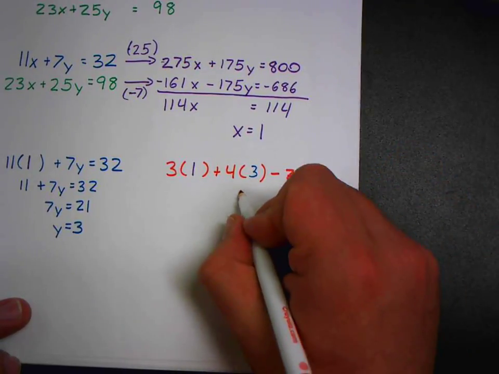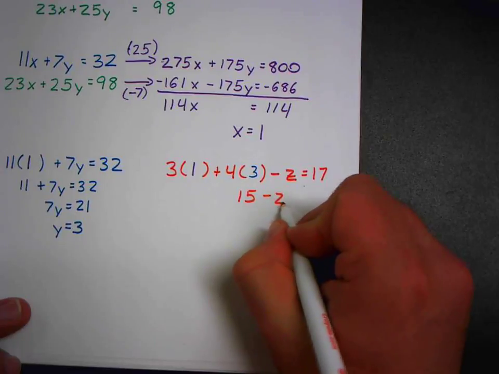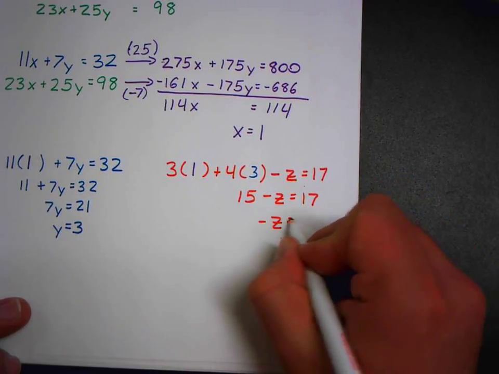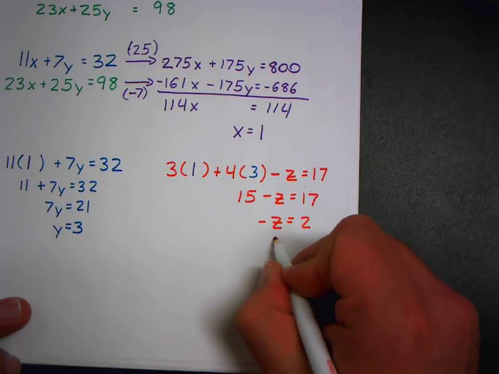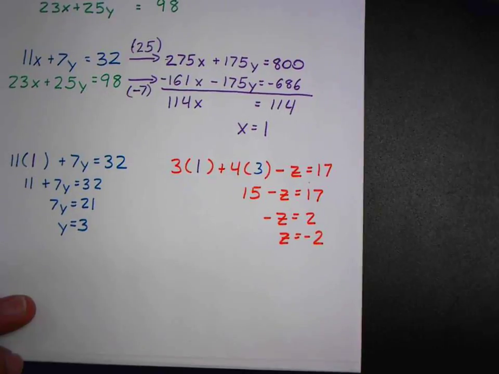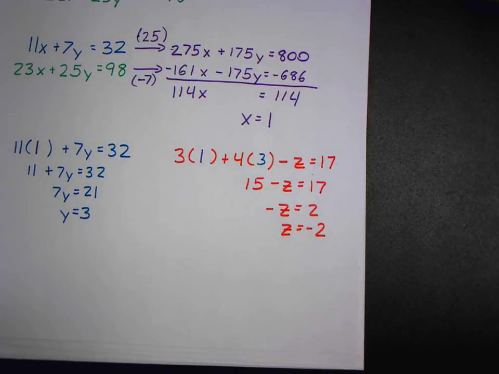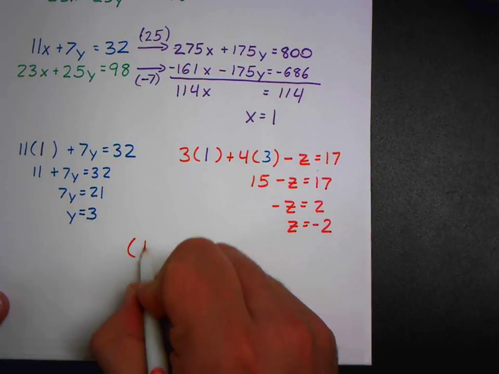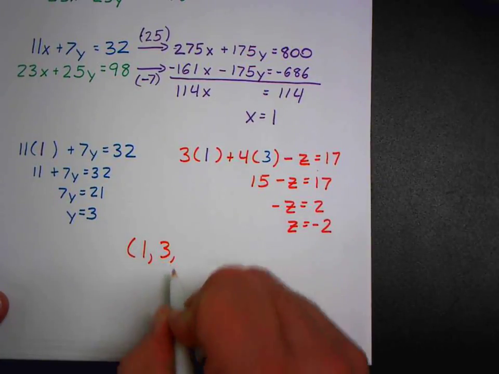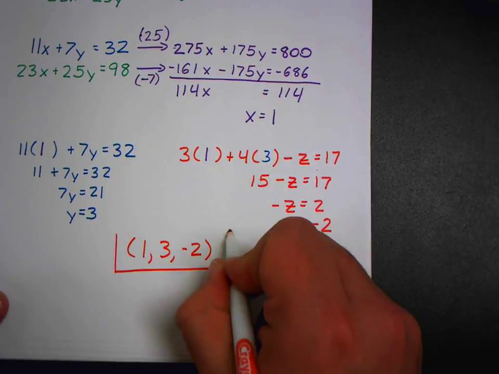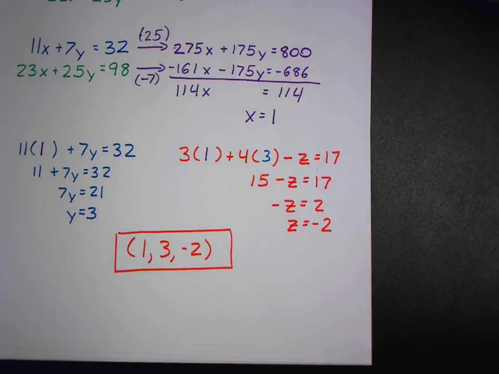So that's 15 minus z equals 17. So negative z equals 2. So z equals negative 2. So then my answer would be an ordered triple. So in 3 dimensions we have ordered triples instead of ordered pairs.